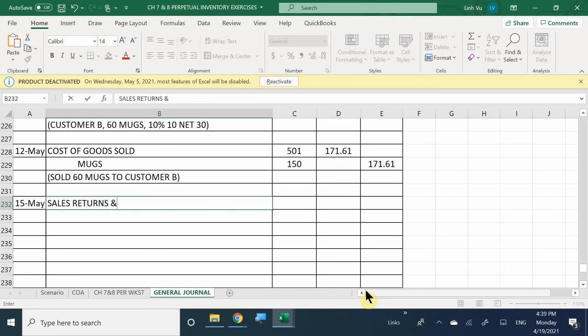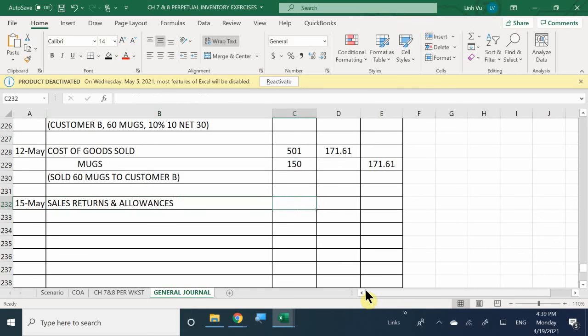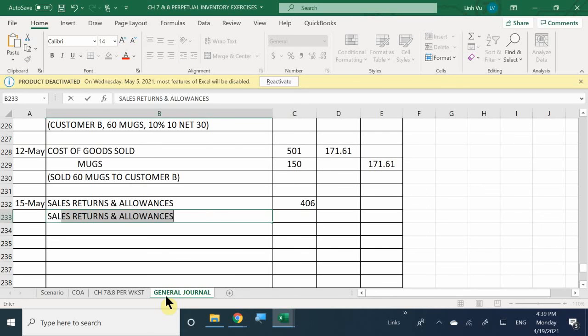So, sales returns and allowances. Okay, so that's 406. Now, we need to give back their sales tax, right? Does that mean we owe the government more or less? Less. So we have to reduce our sales tax payable as well.